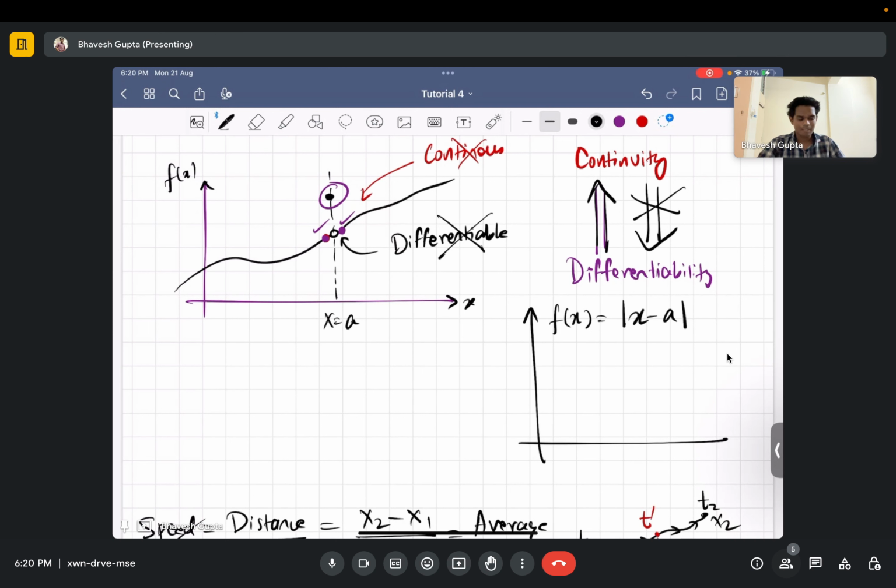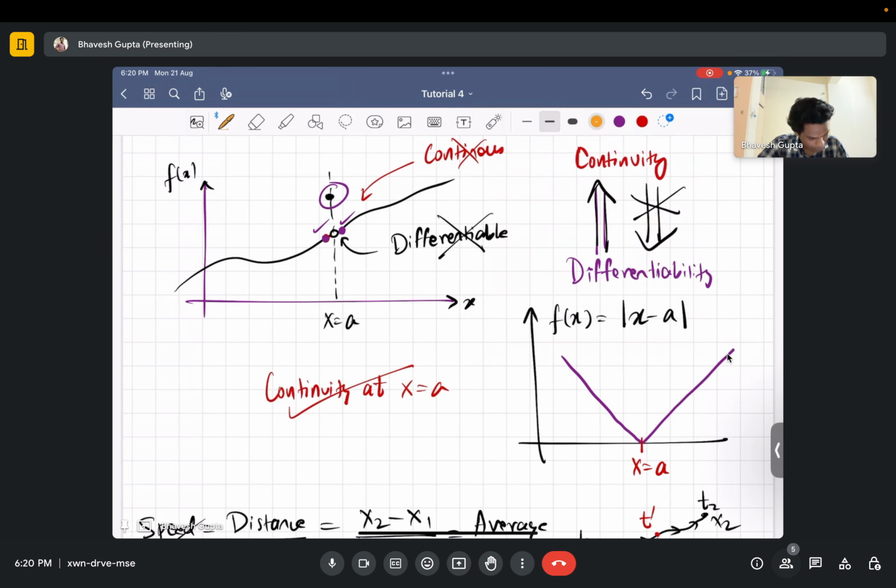What do I see? This particular kind of graph over here at x equal to a. So if I check my continuity at x equal to a, that's true. My function is continuous. We can see from here as well, right?